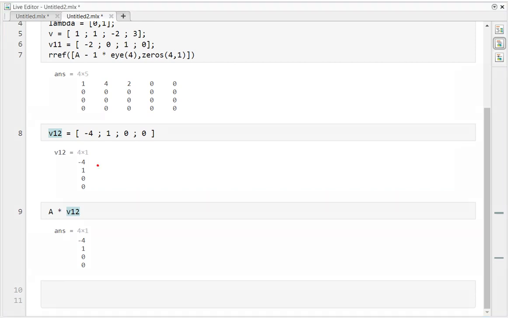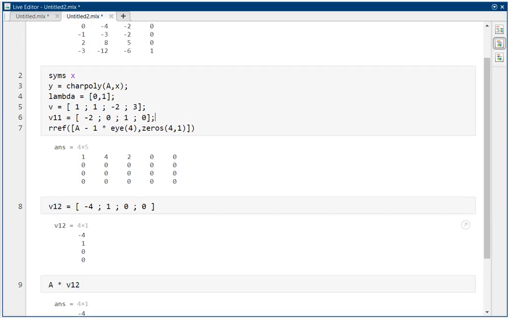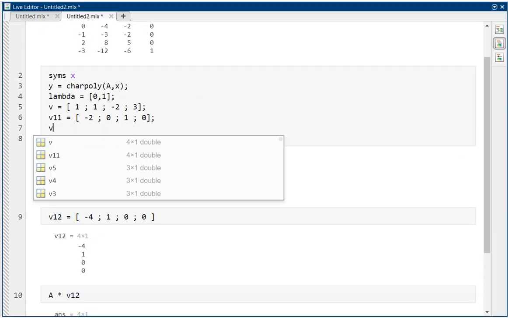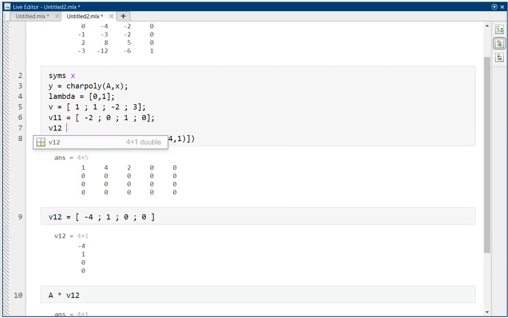I take a vector, negative 4, 1, 0, 0, and when I multiply it by A, I get the same thing out, which makes sense because I'm taking 1 times this vector v sub 1,2, because my eigenvalue is 1, so the same vector pops out. And that's cool, so I've got another one, v sub 1,2.